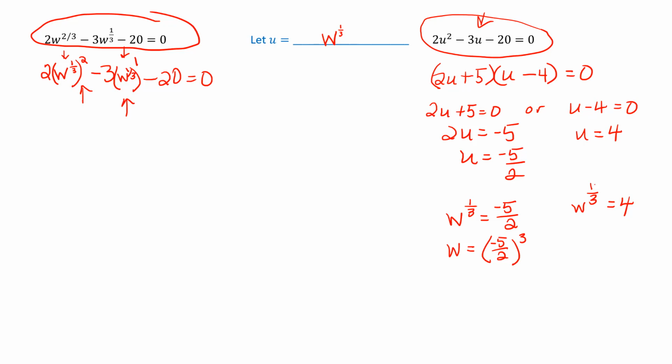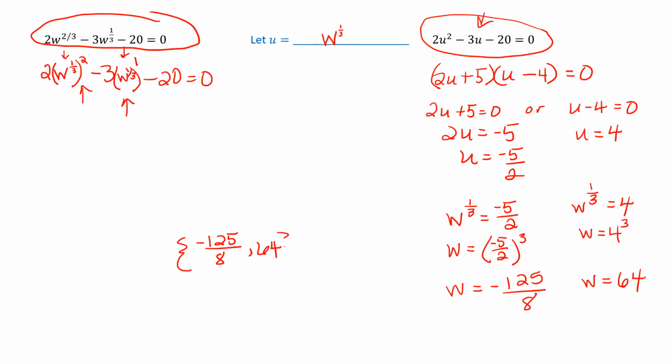And if you cube both sides of this equation, you're going to have w equals 4 cubed. So here you have w equals -125 over 8, and here you have w equals 64. So the solution set then would be -125 over 8 and 64.